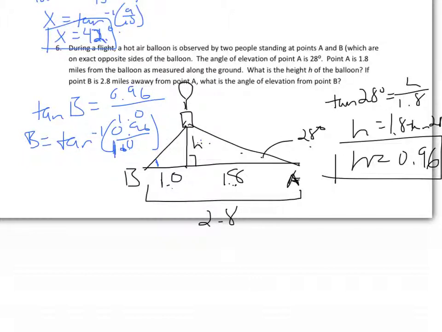Type that in your calculator. Second tangent, 0.96 over 1. Hit enter. And B is 43.8 degrees. And you're all done right there. See you guys in class.